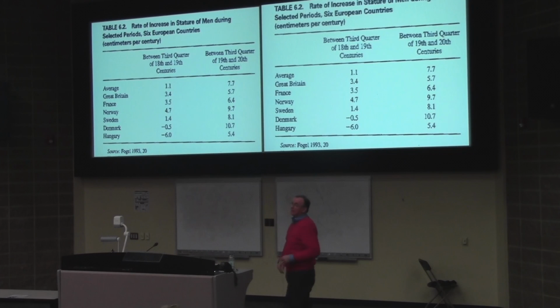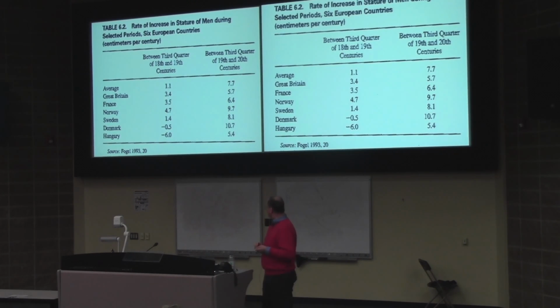So I'm going to end up talking not about life expectancy, but about stature, or height. Just as a quick slide before I introduce that, to show that the pattern of change in stature follows the same, to the extent we have overlapping data, we do see the same acceleration of stature change.